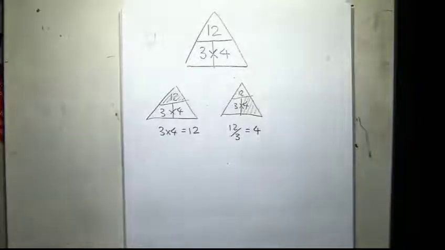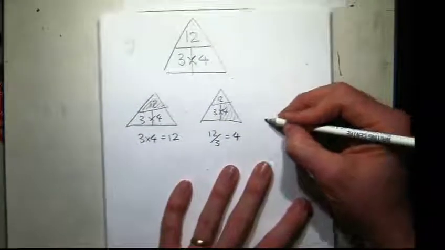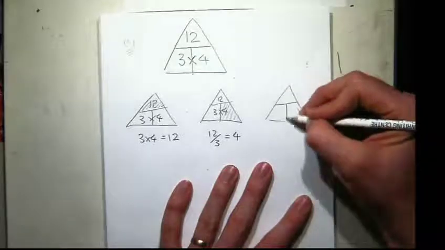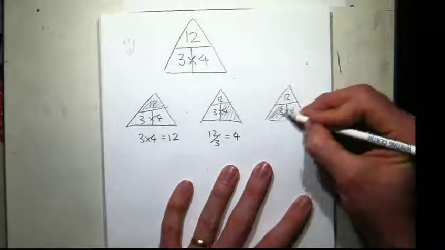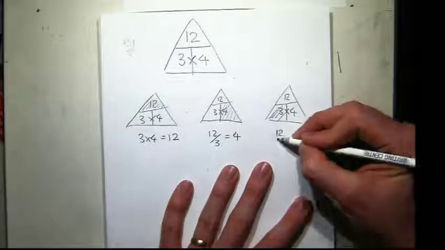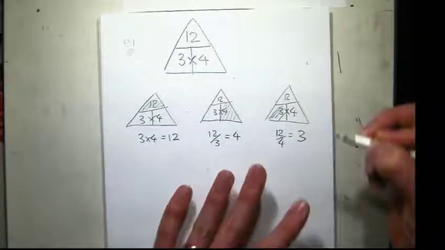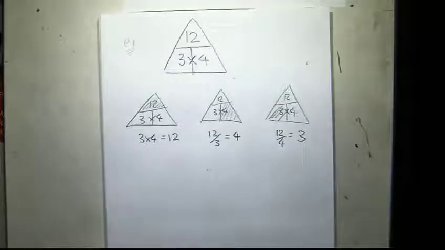Or I could cross out the 3 and have 12 divided by 3 is equal to 4. Okay, now this triangle only works for this specific mathematical relationship between division and multiplication. But that's what that triangle is trying to tell you, that any time there's a multiplication, there are 2 divisions. Anytime there's a division, there's another division and a multiplication.